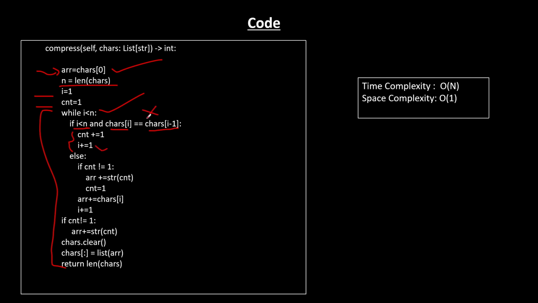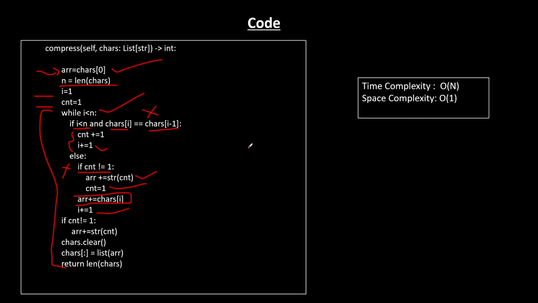Else, if this condition is falsified, and if the count is also not equal to 1, then only we have to append the count, and we'll reset the count to 1. If the count is equal to 1, we already have the appended value itself in the previous part. So we will just append the next character to the string and we'll increment i.